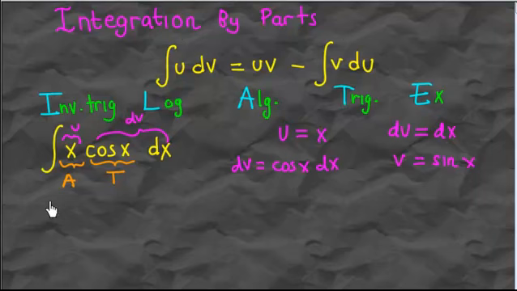the formula. So the integral of x cosine x dx equals u times v, x times sine x. Let's go back to what we left before: the u is x and the v is sine x.